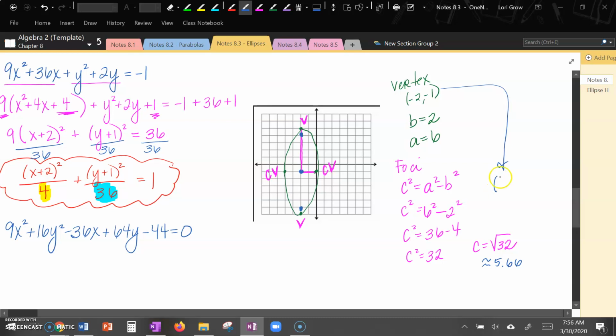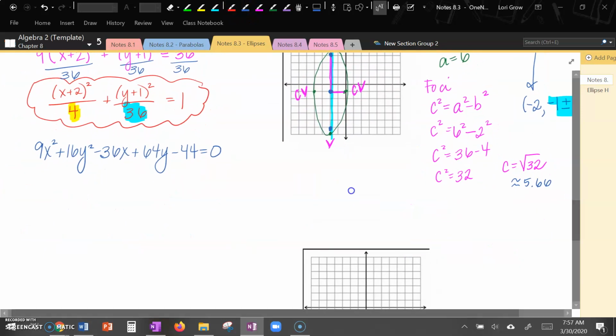So the foci are going to have coordinates of -2, and then the -1 value, I added and subtracted the square root of 32. Okay, and in this case, I added them to the y value because I was on this major axis that is vertical.